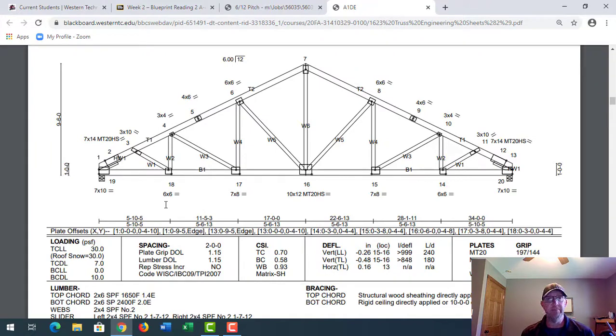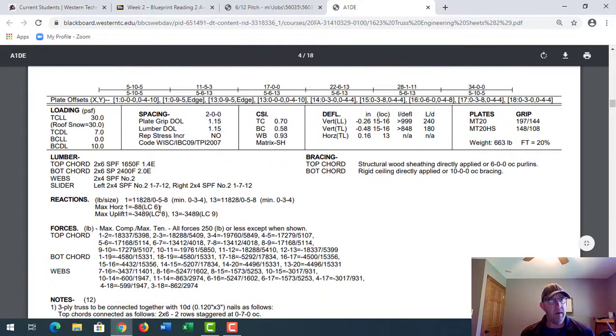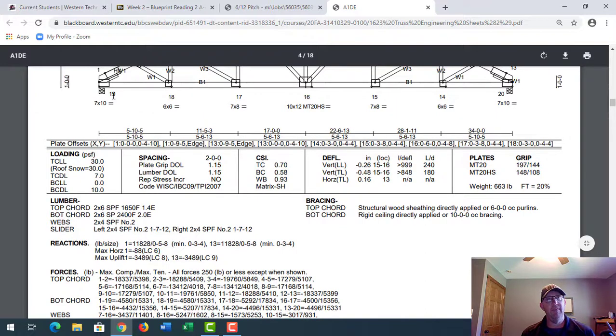Now, I know that there's going to be certain mechanical fasteners and things on this truss as well, okay? What other things? Let's look at the reactions, okay? So on this side, reaction 1, I have 11,828 pounds. That's a heck of a lot of weight, all right? So let's go over to this side. Reaction 3 is 11,828 pounds.